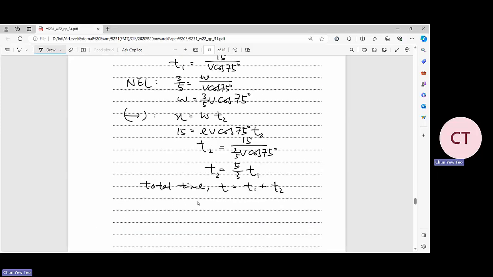Therefore, you have 2V sine 75 degree over G is equal to t1 plus 5 over 3 t1. So you will get this as 8 over 3 t1. What is t1? t1 is this value, so you will get t1 as 15 over V cos 75.